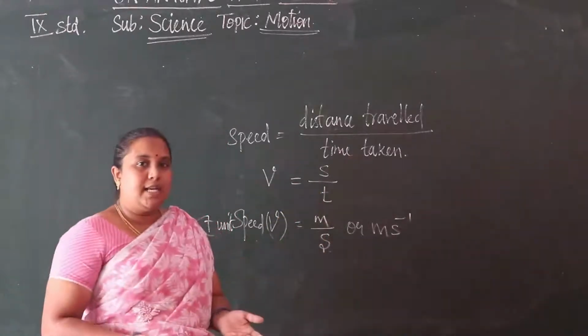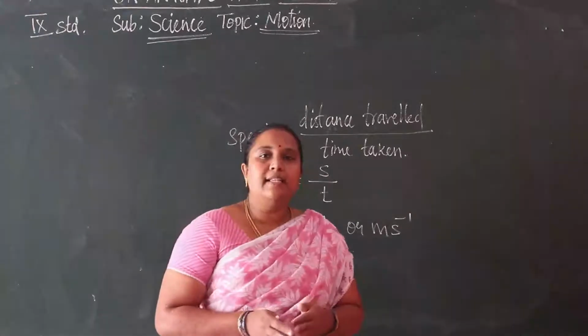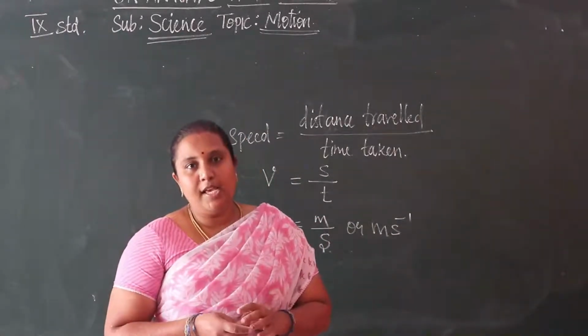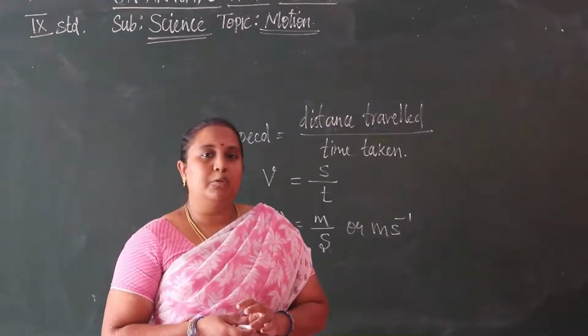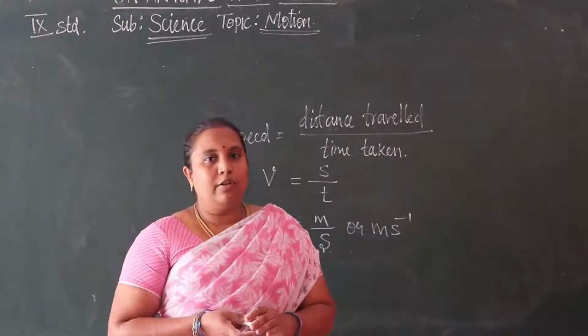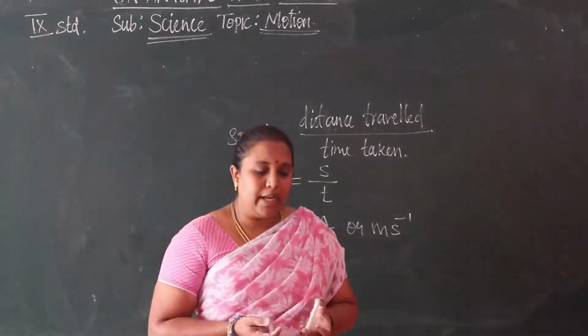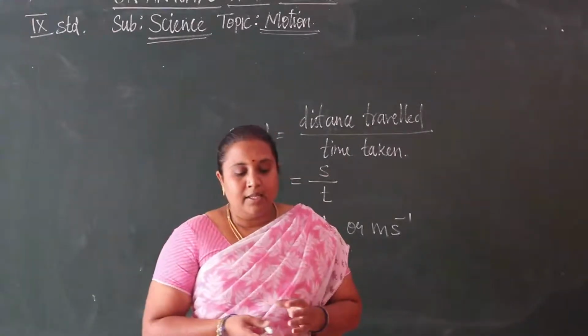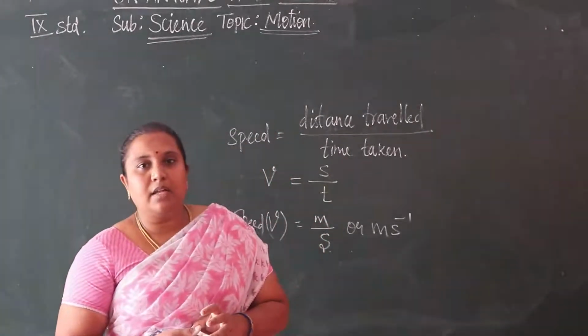Otherwise, if a body is in non-uniform motion, how do we calculate its speed? If your body is traveling with non-uniform motion, then the speed will not remain the same.